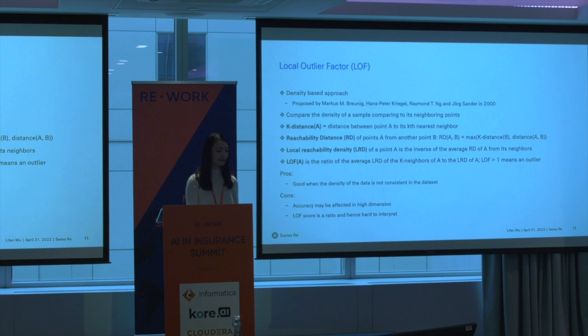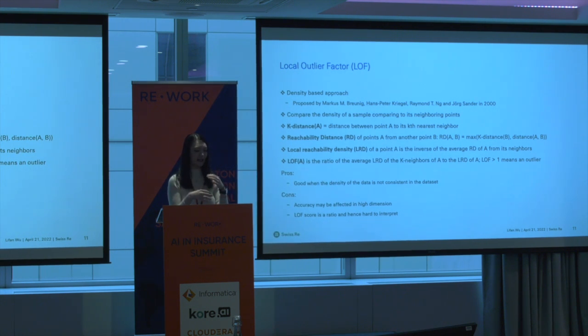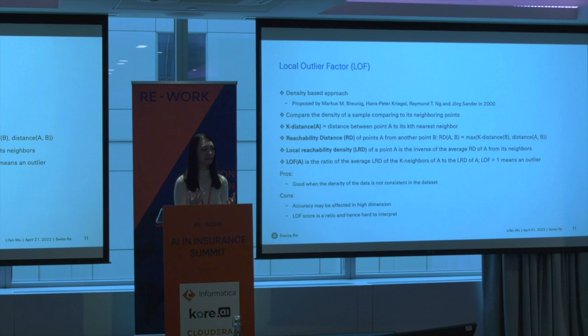And finally, we can compare this density with respect to its neighbors by taking their ratios. A ratio greater than 1 means that the point has a lower density than its neighbors, and hence it is an outlier.